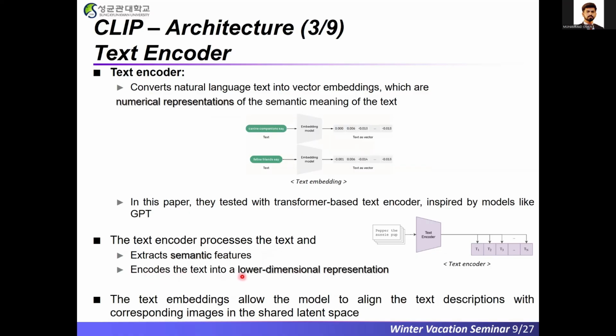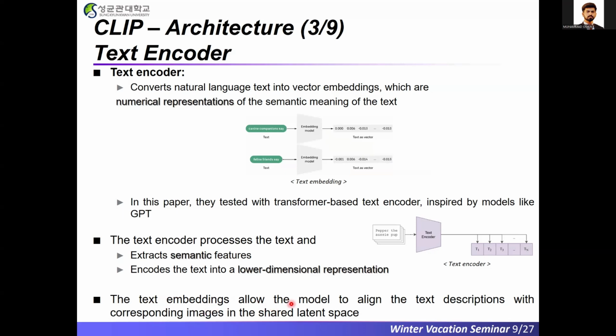So it encodes the text into a low dimensional representation. For example, here it was a complete batch of text that, after passing through a text encoder, went into a one dimensional space. Previously, it was in a higher dimension.